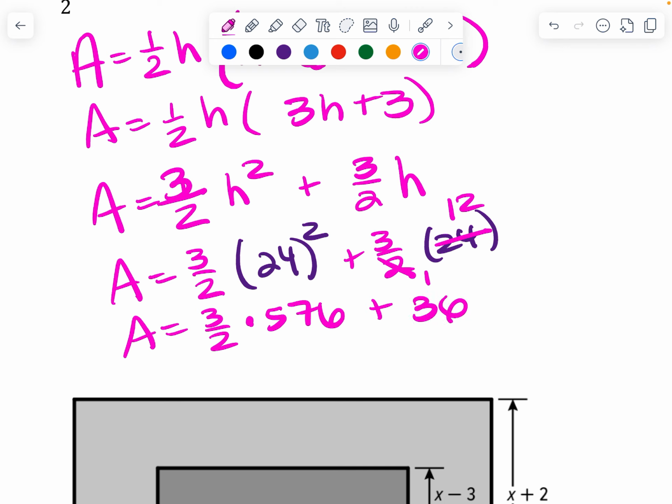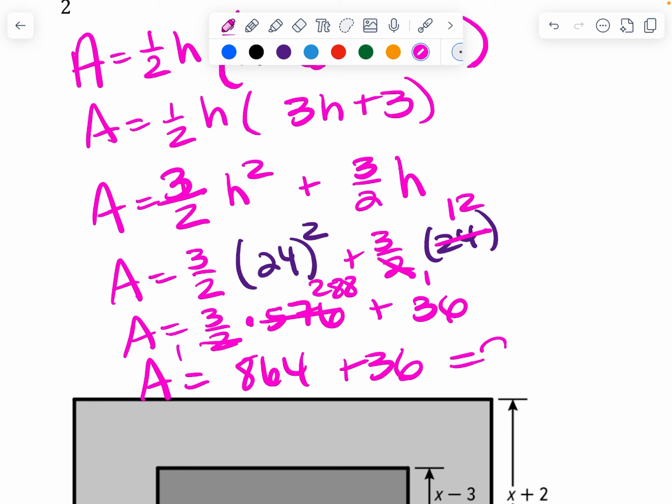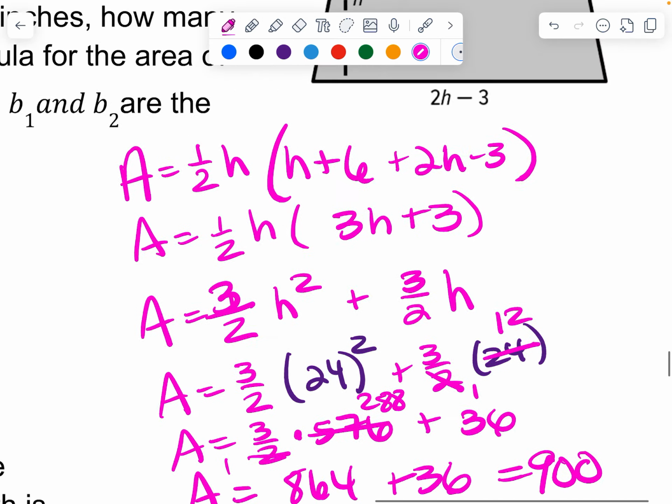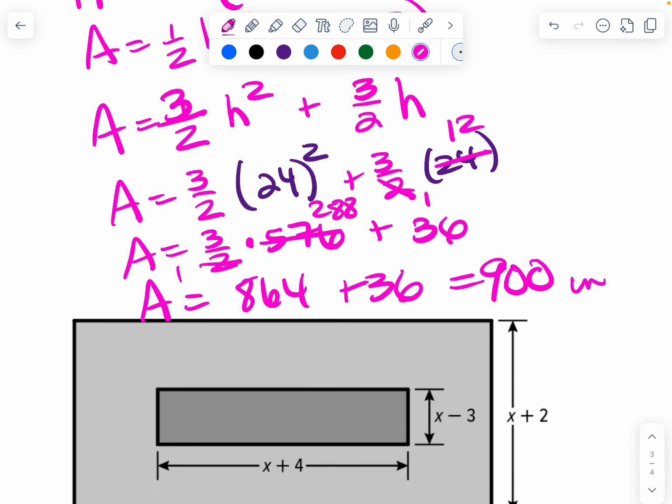So that's going to be 36. 576 divided by 2, I'm going to get A equals, oh, that turns into 288. I'm going to take that and multiply it by the 3. And I'm going to get 864 plus 36. That's going to get 900. What is it? Square inches? Square feet. Square inches. So inches squared.